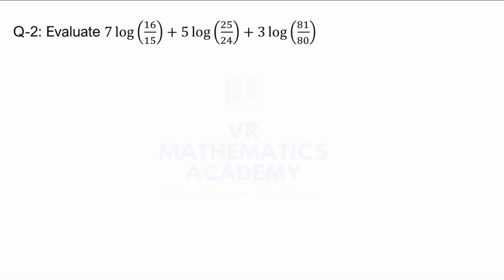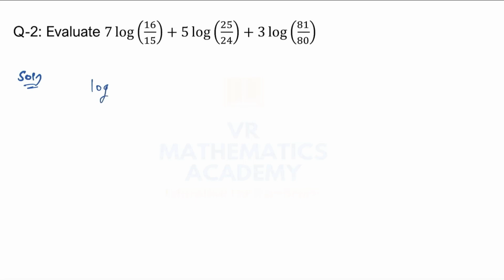In the next question, question number 2, we have to evaluate 7 log 16 over 15 plus 5 log 25 over 24 plus 3 log 81 over 80. In this question also we will apply law 1 and law number 3.